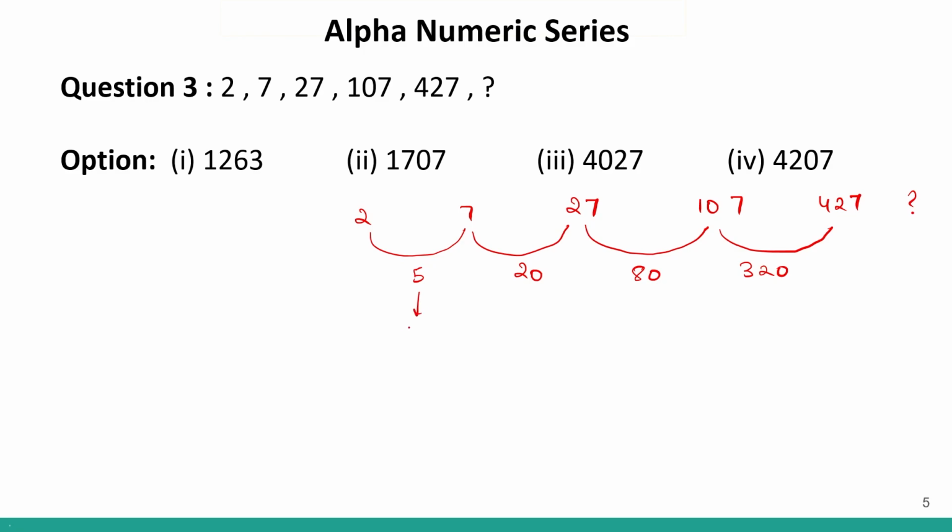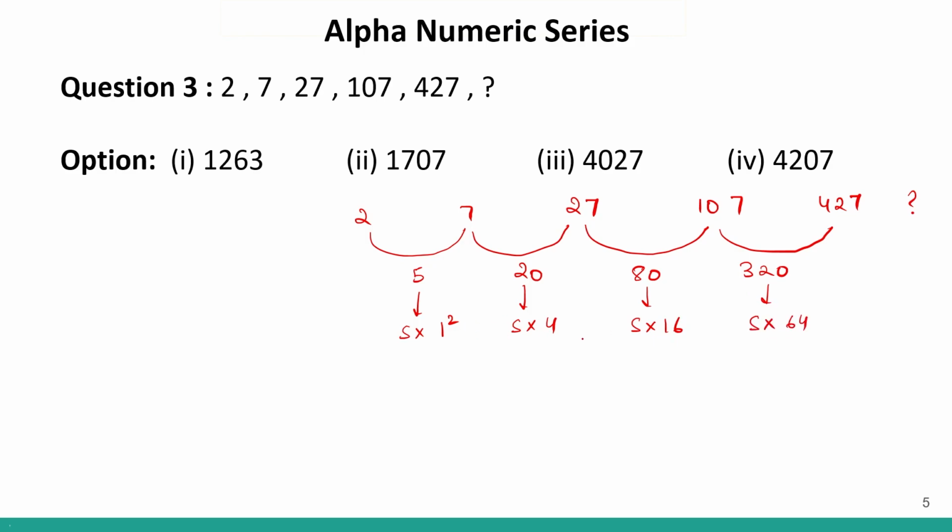Now I can see this is 5 into 1 square. Or I can see this is 5 into 1, this is 5 into 4, this is 5 into 16, and this one is 5 into 64.